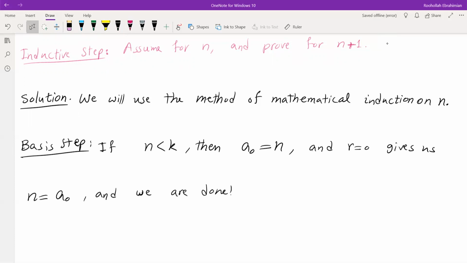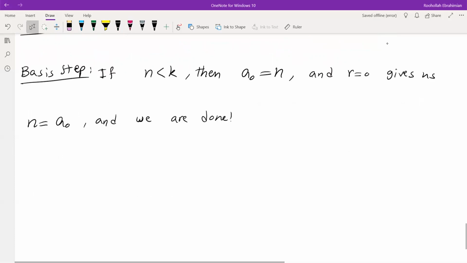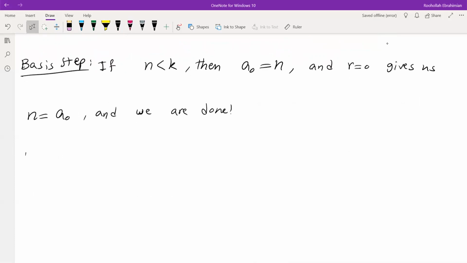So anything less than k, we could prove easily. So now the inductive step. What we do is we take n, divide it by k, get a quotient, get a remainder, and then move on from there.